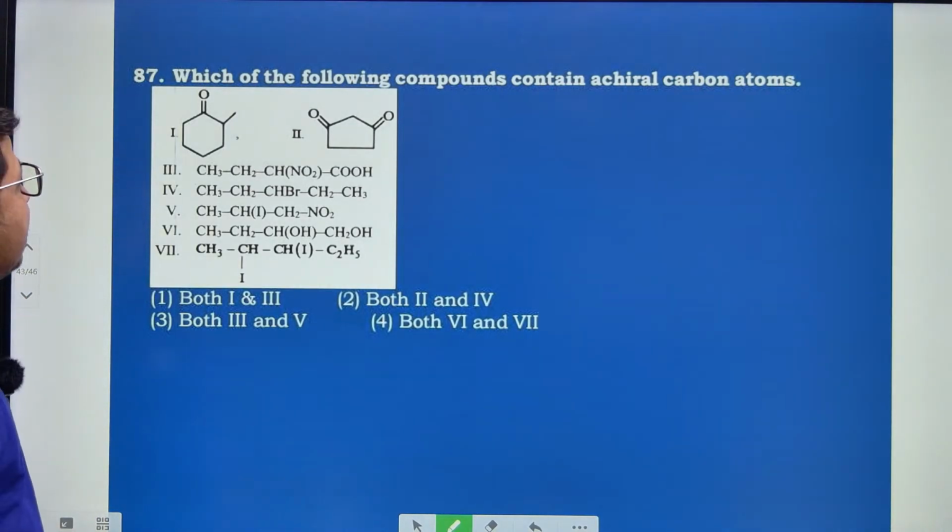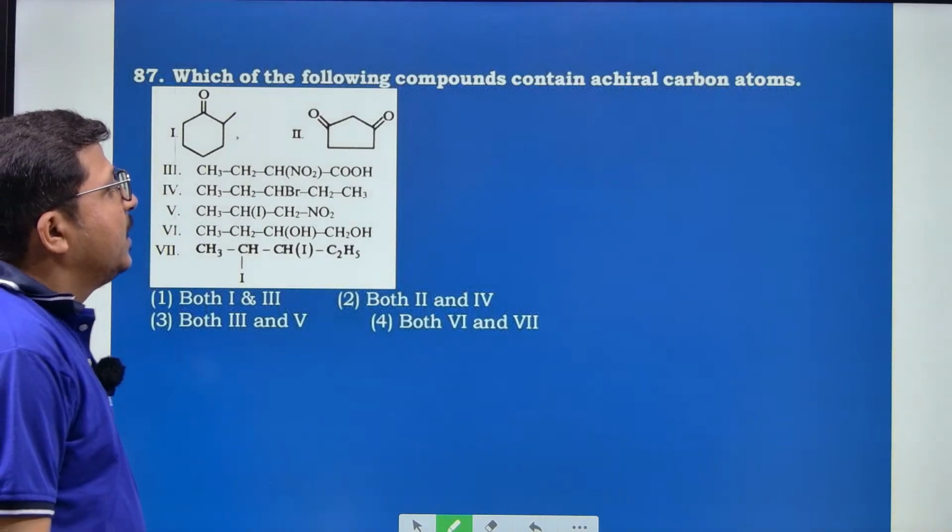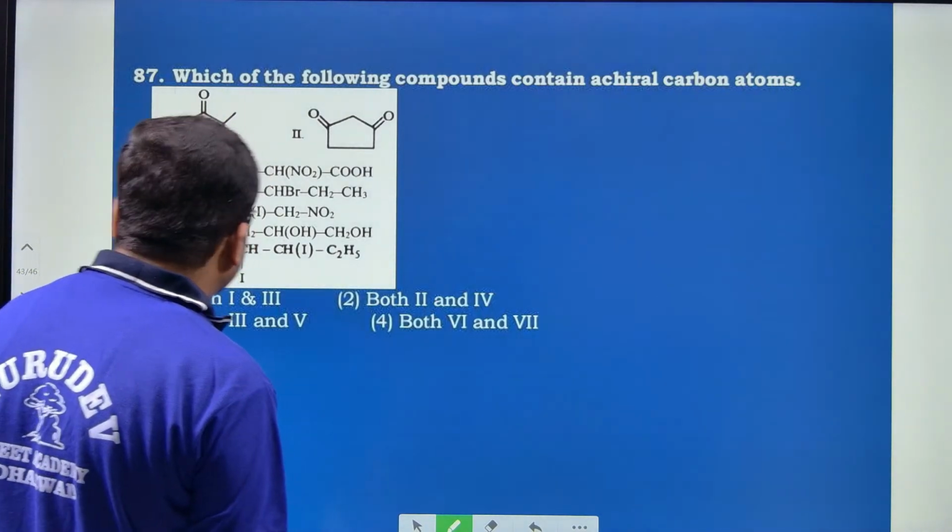87. Which of the following compounds contains an achiral carbon?